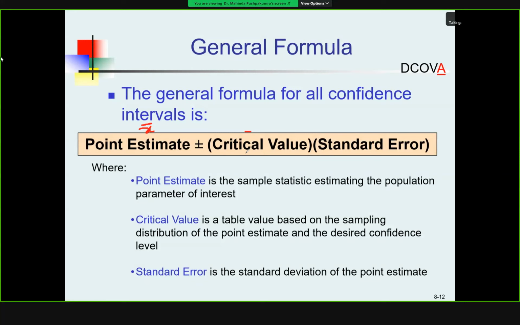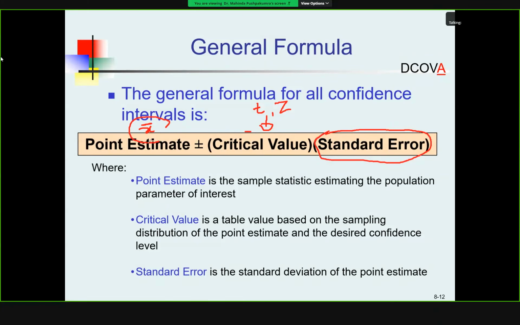According to our confidence level, the critical value we can get from T table or Z table. Later I will explain how to get the critical value. Then the standard error, we learned this concept, standard error of the mean. To estimate the confidence interval, you should know only three values.